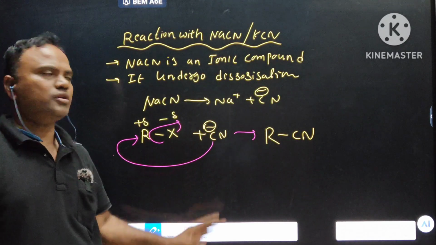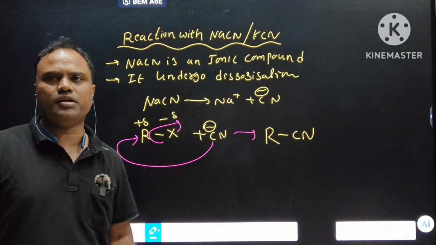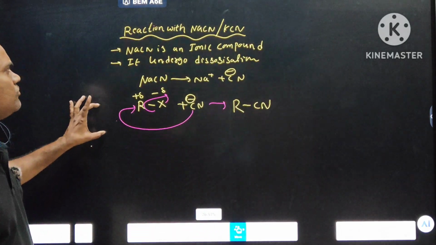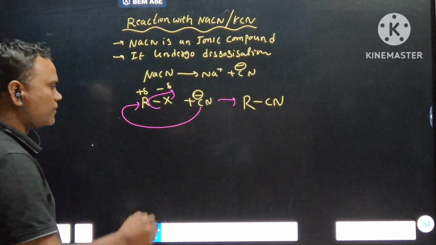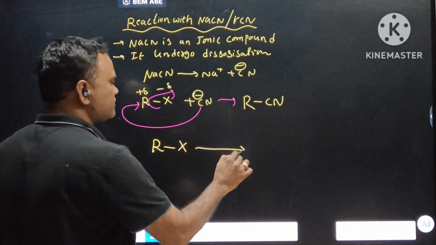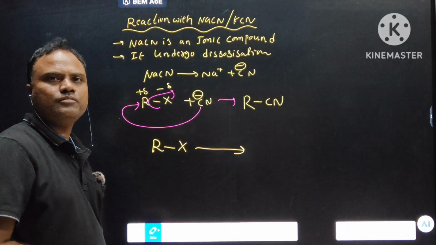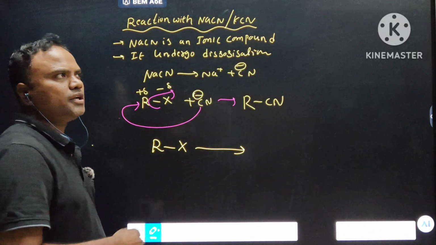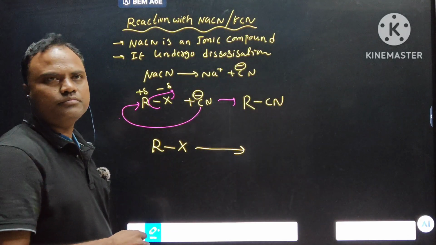KCN is also similar. K plus and CN negative. The remaining is as it is. Okay? Right. Now the entire CN, no, carbon is having the negative charge. That negative is on the carbon atom.